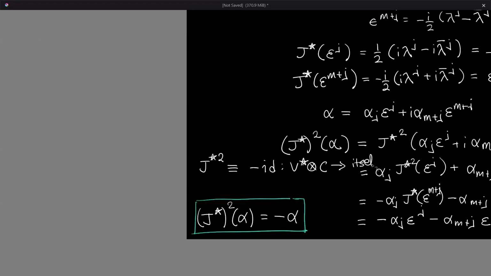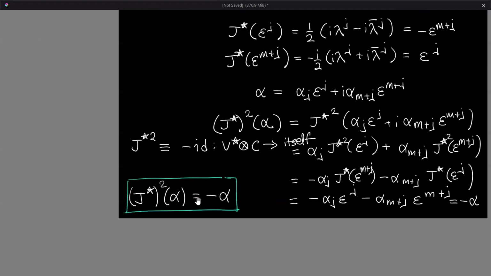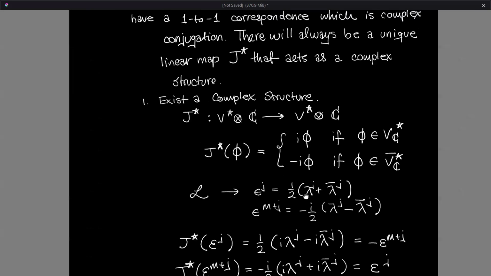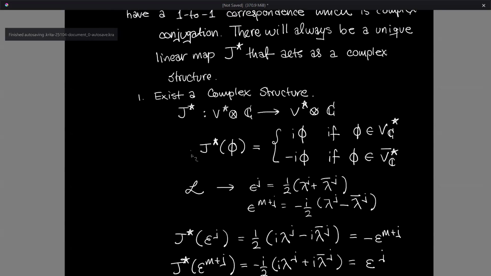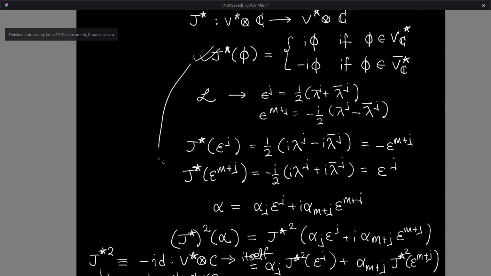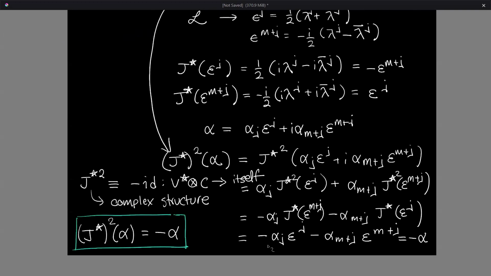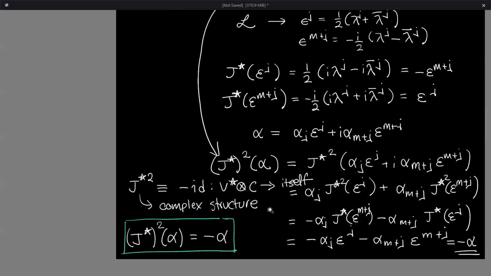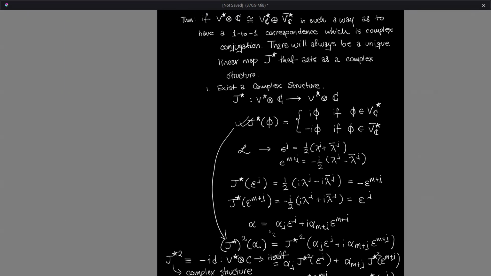I'm not going to write it again. So that shows that it is indeed a complex structure. We started off saying that J star is just a linear map from V star. We made a definition and then broke it down until we could show that J star squared of alpha is equal to minus alpha, which means that we do have a complex structure on this space.